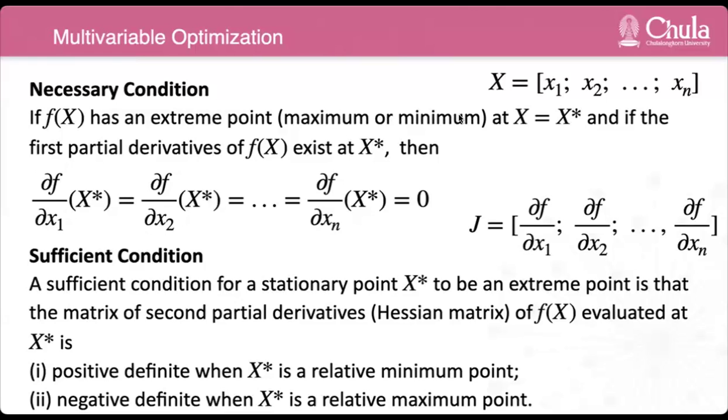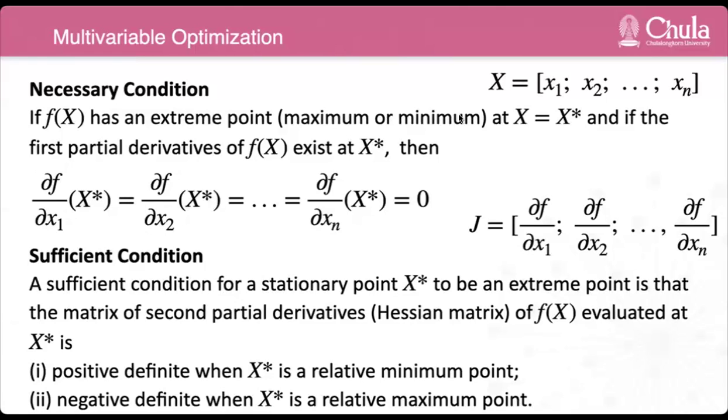I will show you the structure of that Hessian matrix. The condition is, if the Hessian matrix is positive definite, x star is a relative minimum point. And if the Hessian at x star is negative definite, that point is a maximum point.